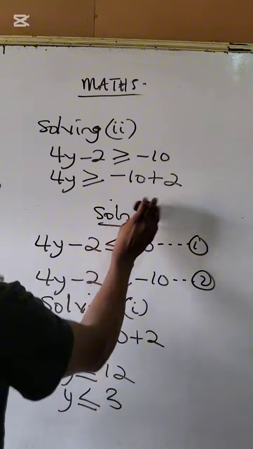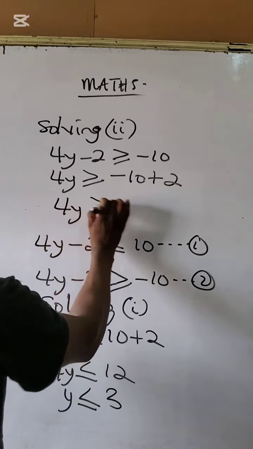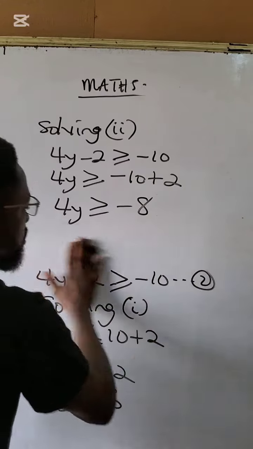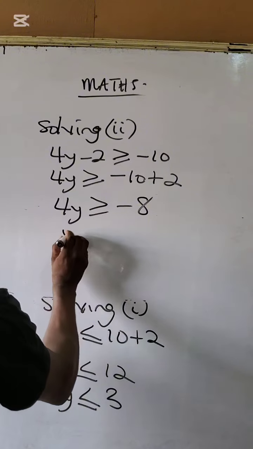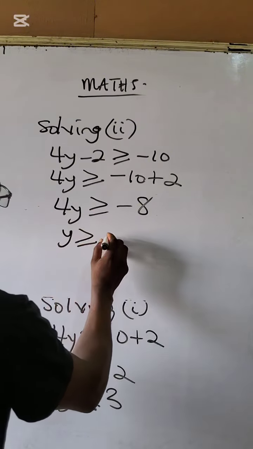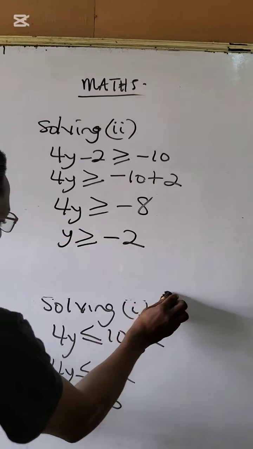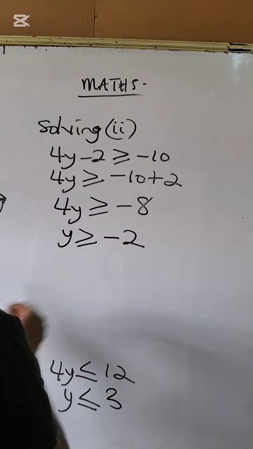Then minus 10 plus 2 will give us minus 8. The next thing I'll do now is to divide both sides by 4. If I divide both sides by 4, I'll have minus 8 divided by 4, and that will give me minus 2.